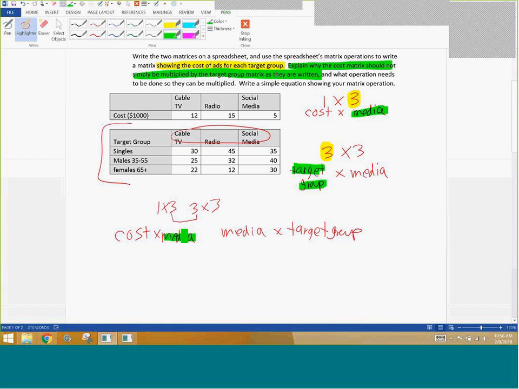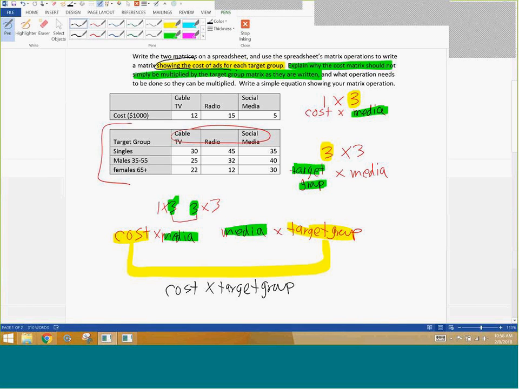And you can see that these inner 2 are the same. They're already the same size, but they need to be the same description. And these other 2, cost and target group, are what our answer matrix is going to look like. It's going to be a cost by group matrix.